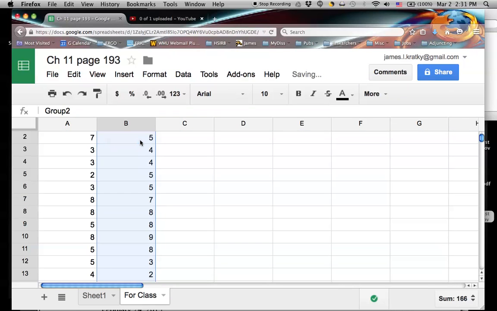Now, this is important for the homework exercises for this chapter. Anytime you have multiple groups in your data, what you want to do when you're running your tests using technology is to put separate columns for your different groups. So all of the group 1 data will go here, and all of the group 2 data will go here.